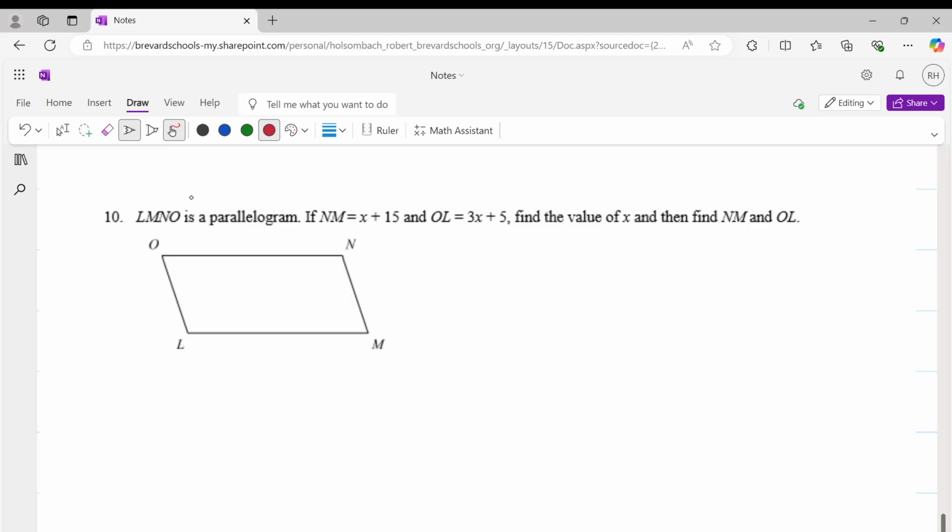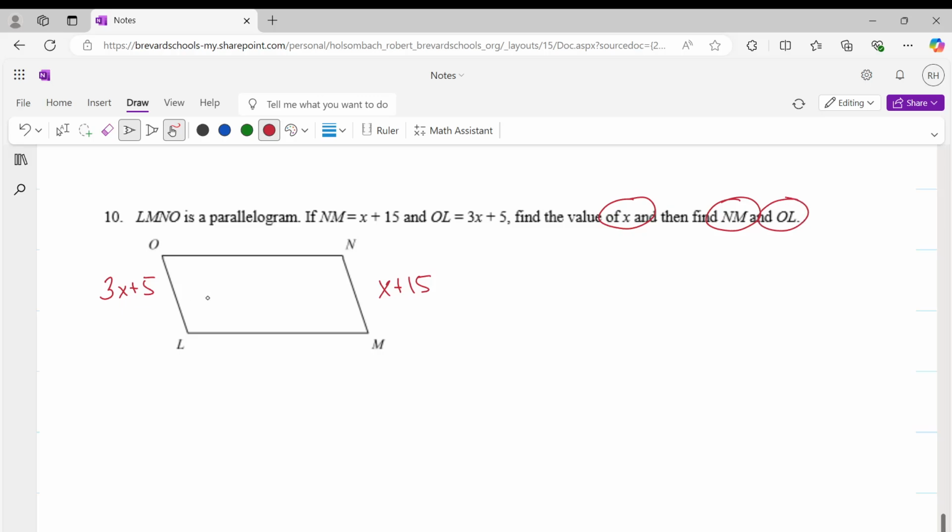And problem number 10. LMNO is a parallelogram. If NM is x plus 15 and OL is 3x plus 5, find the value of x, NM, and OL.